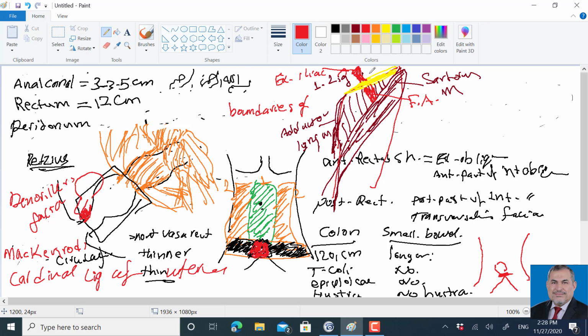Where does the superficial femoral artery become popliteal?